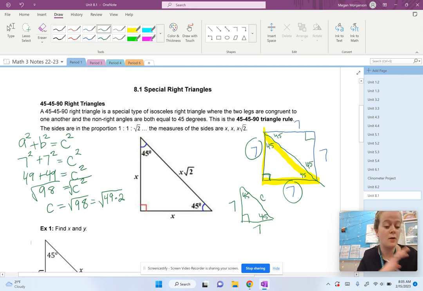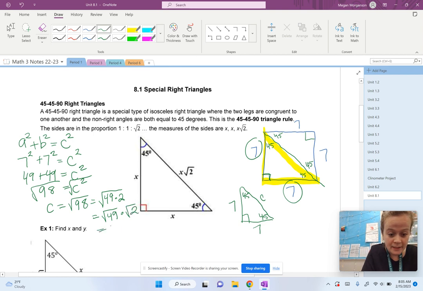If you're concerned about this, you can always multiply it out in your calculator. But I remember that it's 49 times 2. And I know that the square root of 49 is 7. So I'm going to separate it here. Square root of 49 times the square root of 2 equals 7 times root 2.